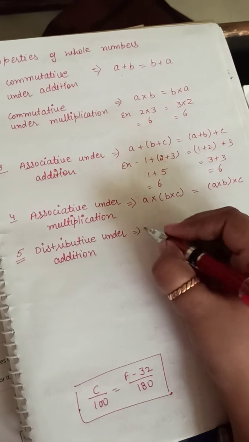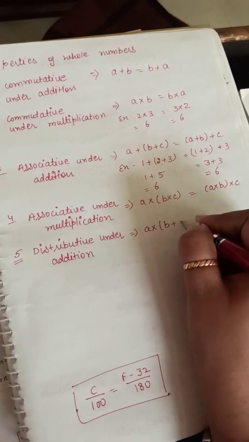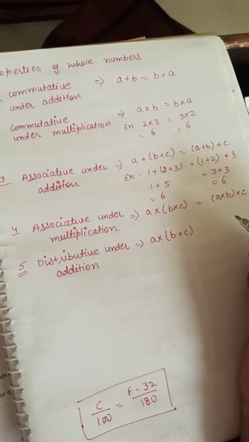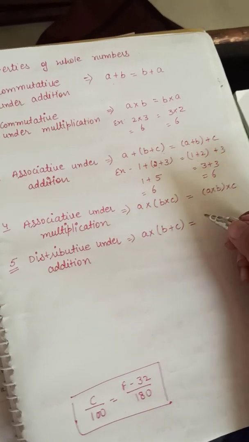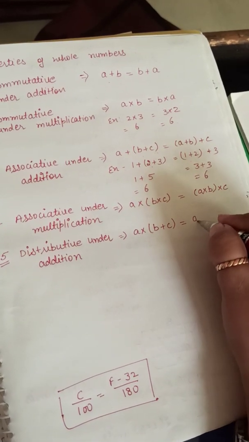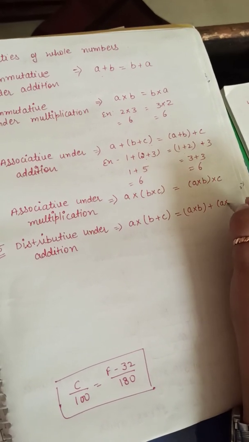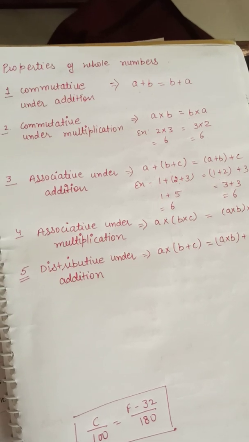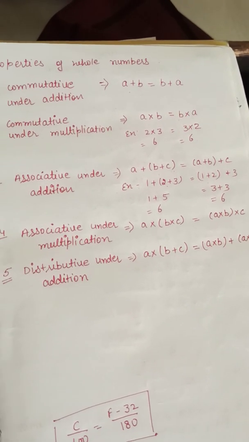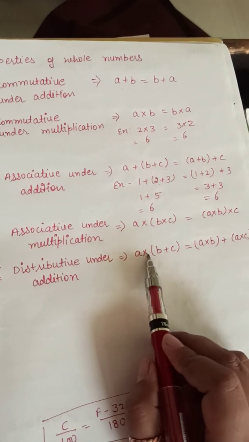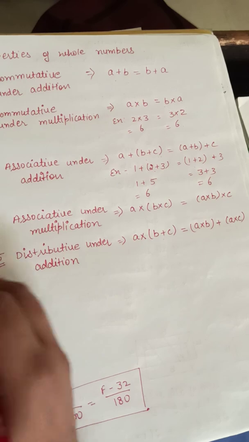See how it is. In this we will use multiplication as well as addition. A multiply B plus C. Now it is equals to A multiply B plus A multiply C. Right? Distributive under addition. In this we are using multiplication as well as addition.